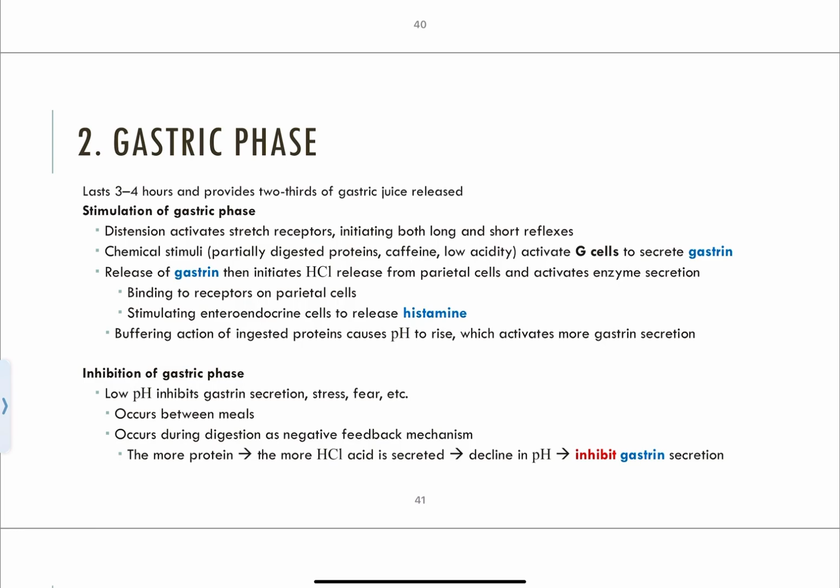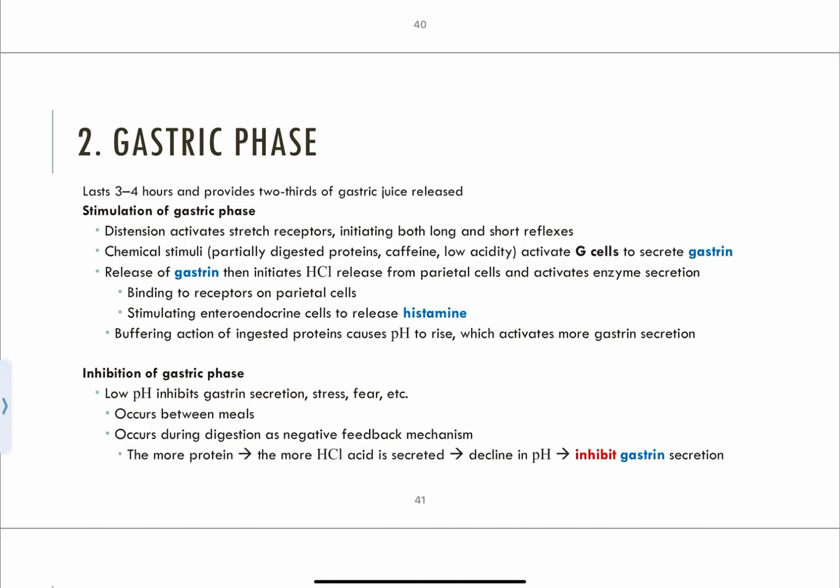So the second phase is our gastric phase. This lasts a lot longer. Basically what happens here is once the food reaches our stomach, both the local neural and the hormonal mechanisms are going to help initiate this gastric phase. And this lasts about 3 to 4 hours and provides the bulk of the gastric juice being released, so about 2/3 of that gastric juice.